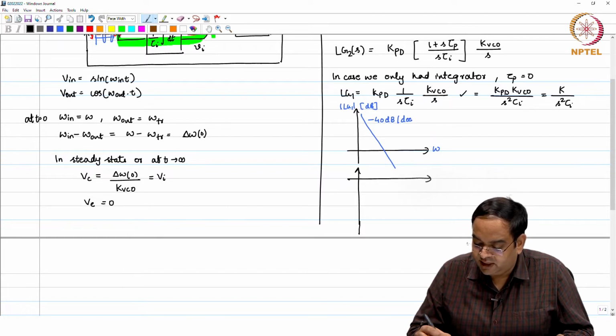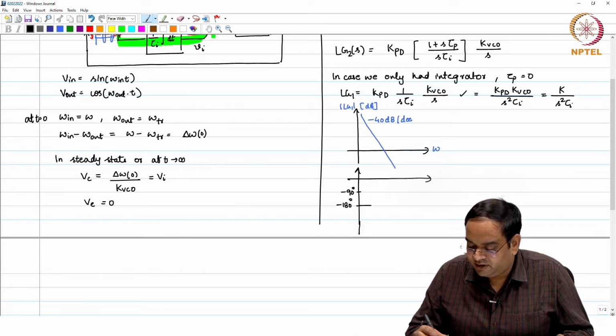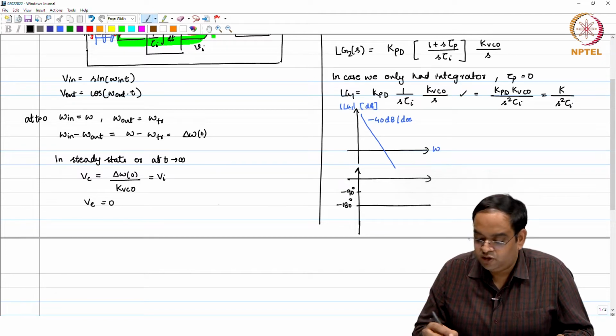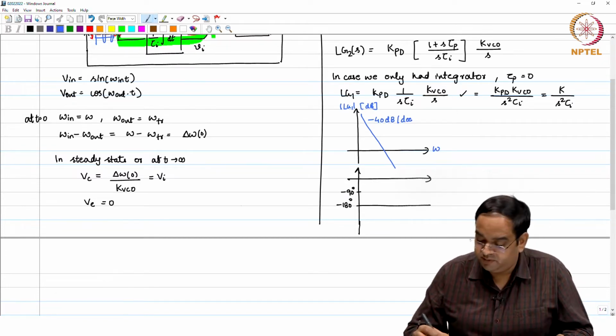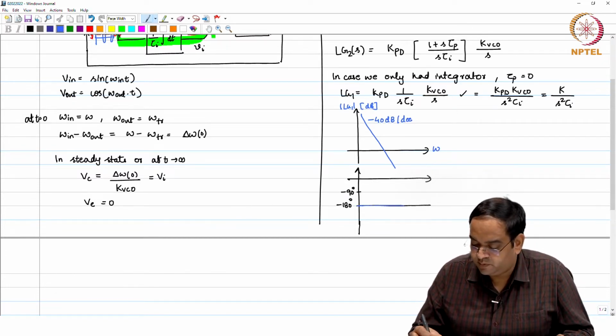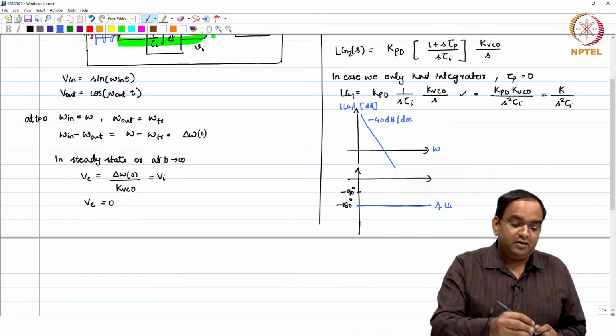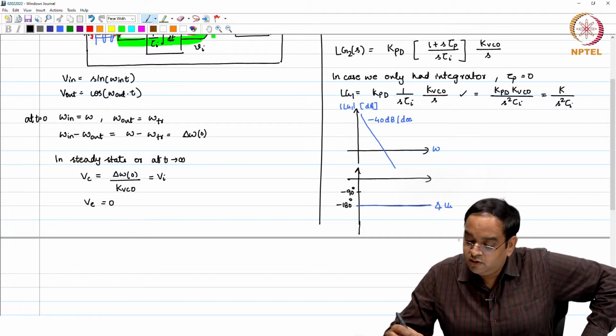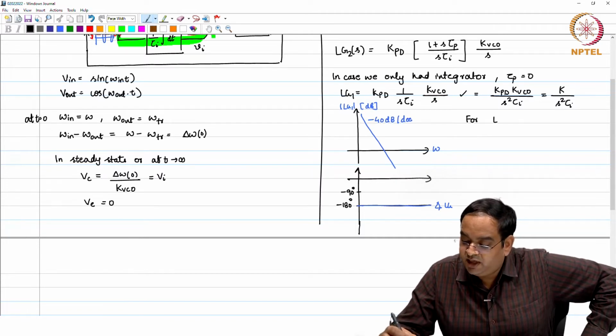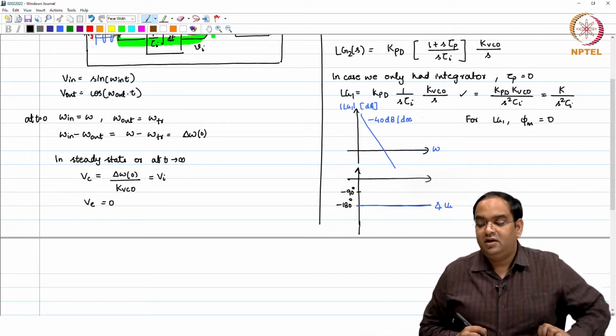So, I will just start here, let us say this is minus 90 and this is minus 180 degree. This is the phase, the angle of loop gain. Let me just put this as blue. Okay. So, what you see here is that the phase margin for loop gain 1 is actually 0.